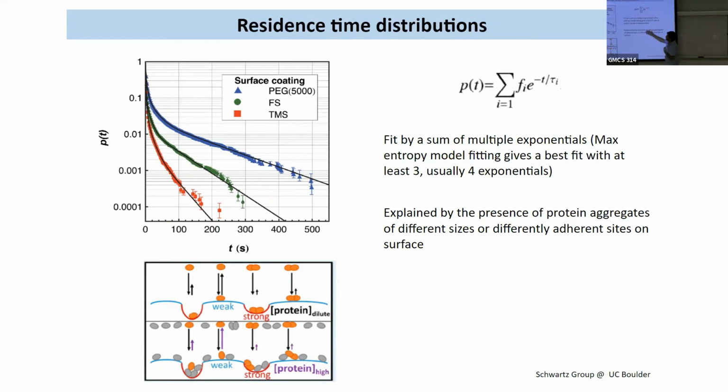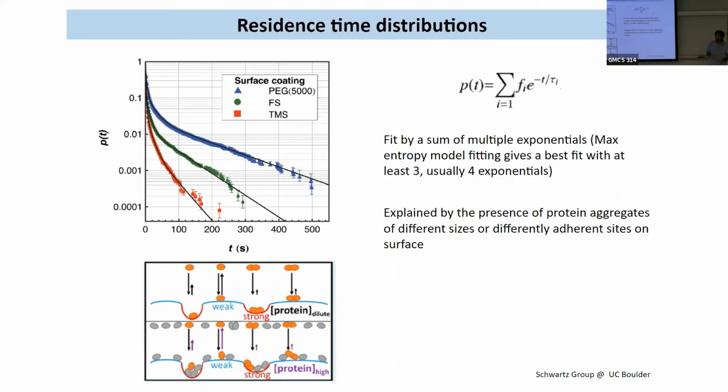If it's not one exponential, I can add a second exponential, a third, a fourth. That's what people do. So that's your probability or residence time distribution, which is the sum of multiple exponentials. And the way you explain that is, I'm not looking at a single protein sitting on the surface. My proteins come in different flavors.